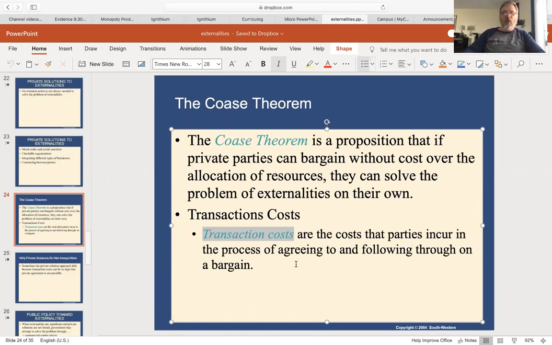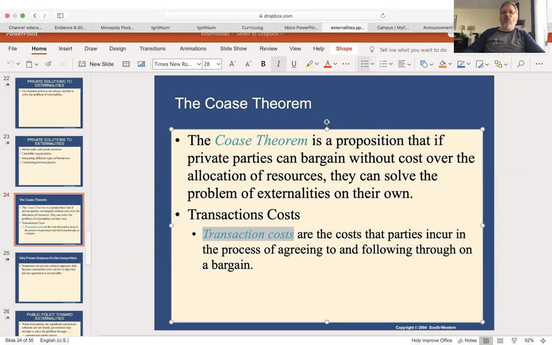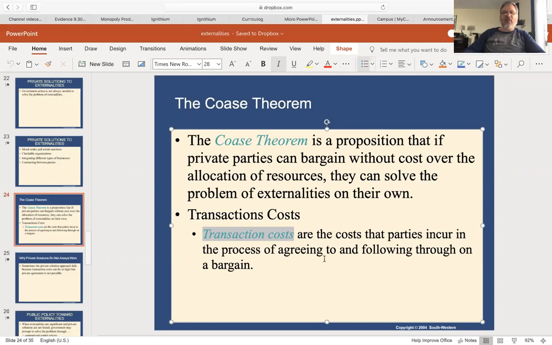Normally, as you can imagine, transactions costs are really high if a large number of people are involved. The example I gave about the community living near the oil refinery probably is not a good case for private party bargaining, for lots of reasons.